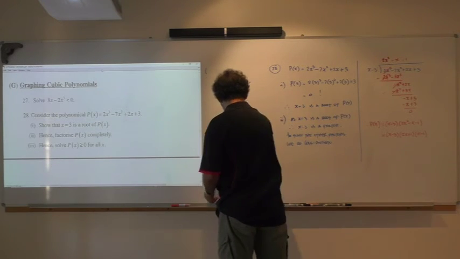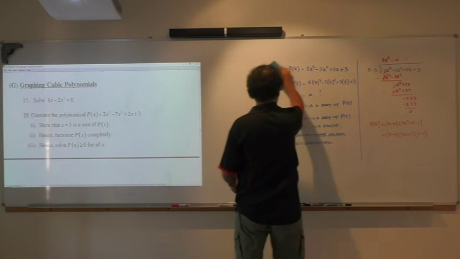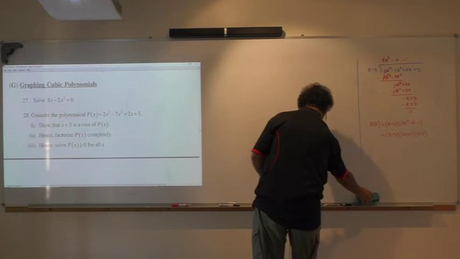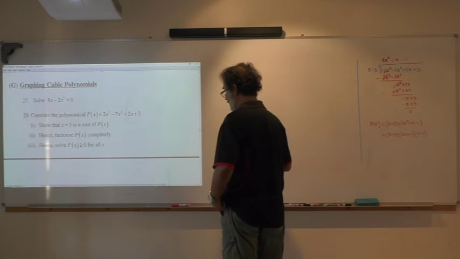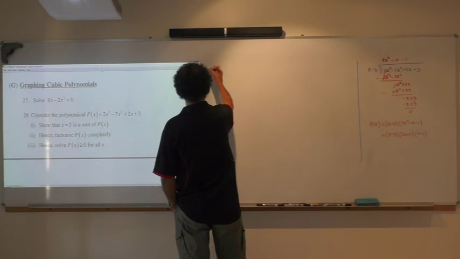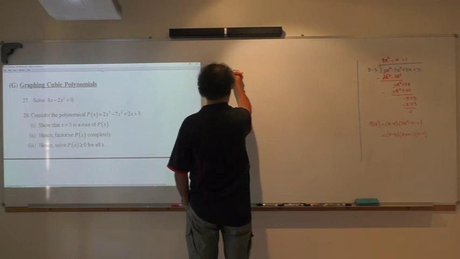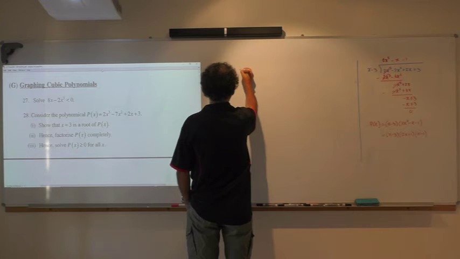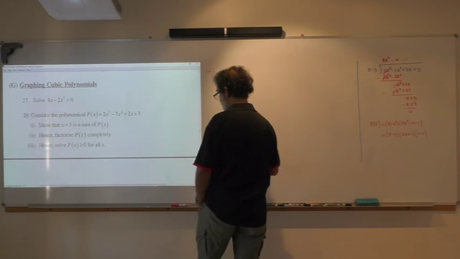Now part 3, the very last part of this revision, says that we have to solve p of x greater than or equal to 0.